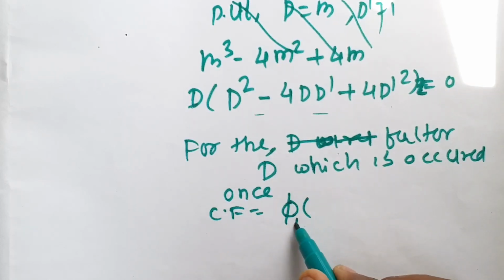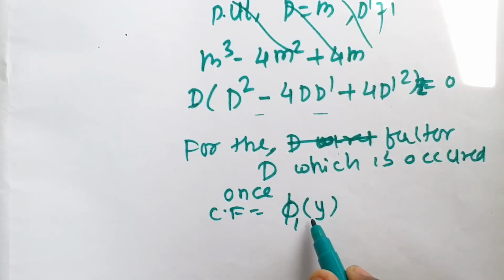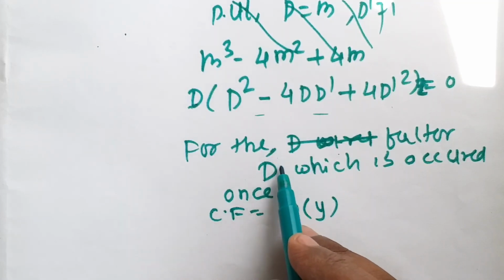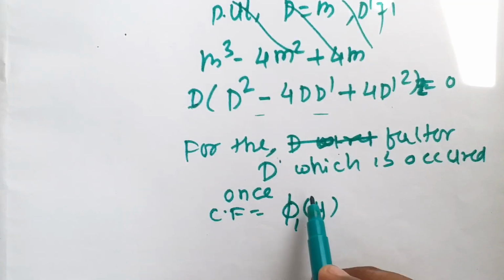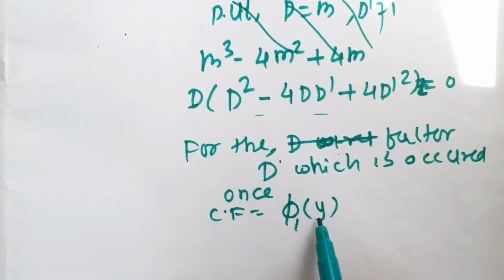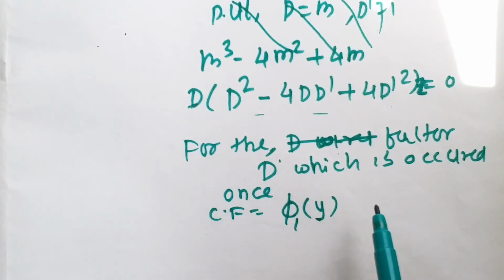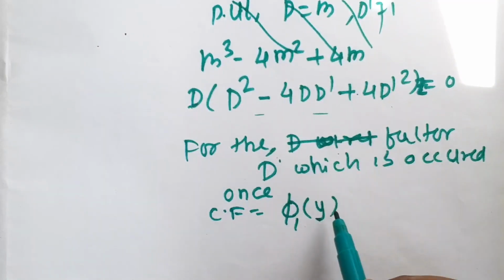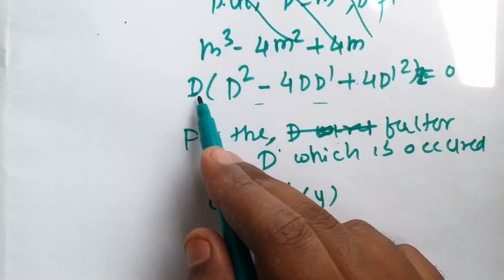So phi 1 of y. This is a constant parameter, right? As if D dash is there, it will be phi 1 of x, and it is D only, derivative with respect to x. So the opposite variable we take here, phi 1 of y. Now this CF also we are going to add in the final solution. This is the CF corresponding to this factor.